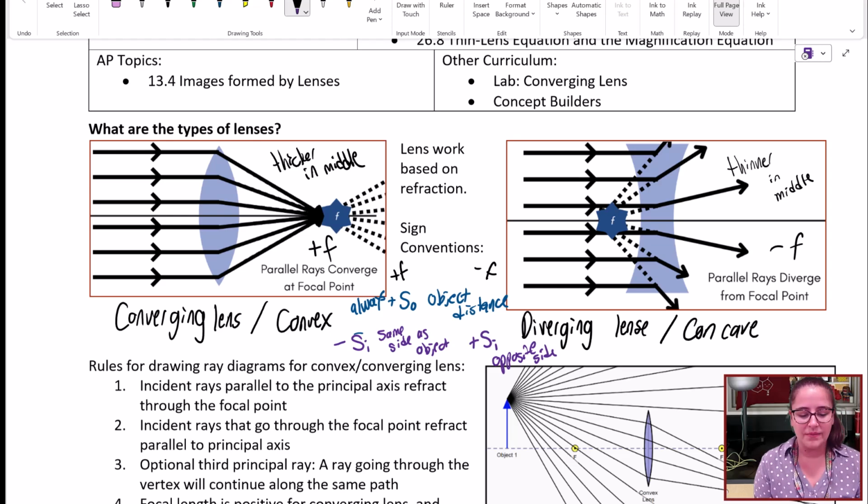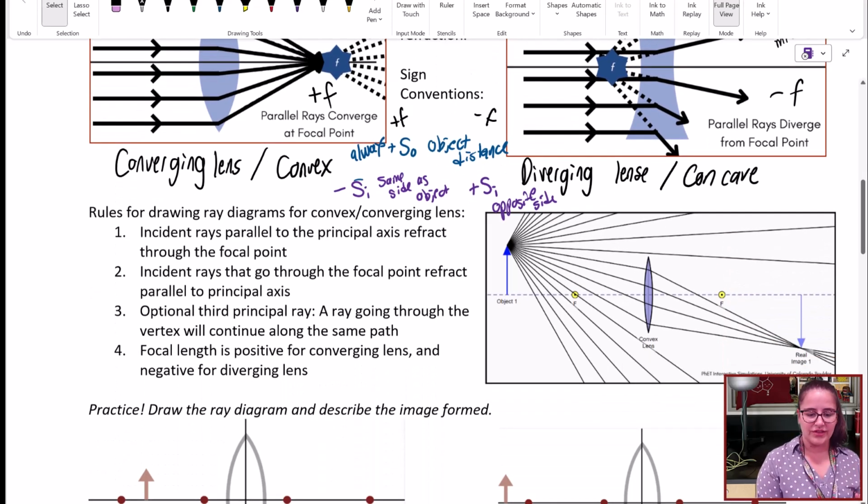Okay. Now, we're going to be drawing ray diagrams for these, just like we did for our mirrors. And they're going to be pretty similar. Incident rays that go parallel, okay, will refract through the focal point. Ones that go through the focal point will refract parallel. And we have that optional third ray going through the vertex.